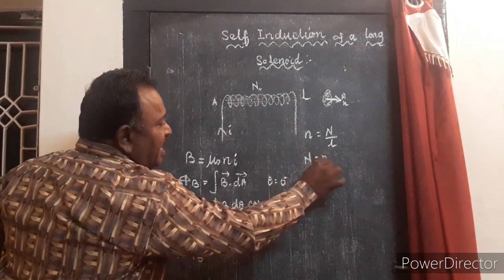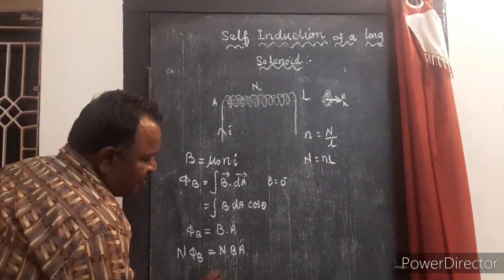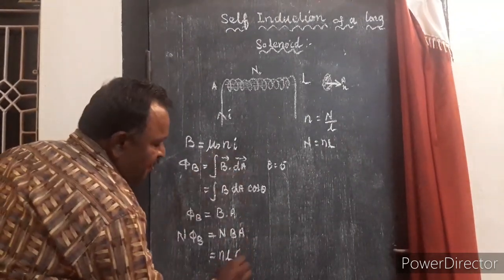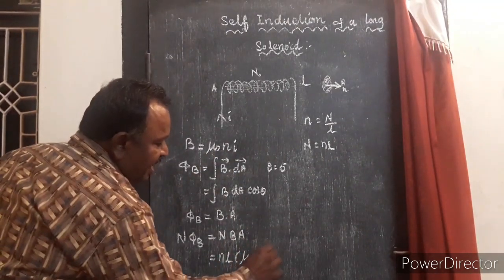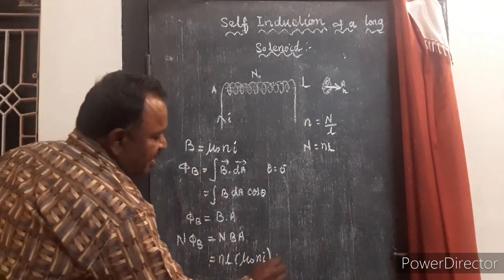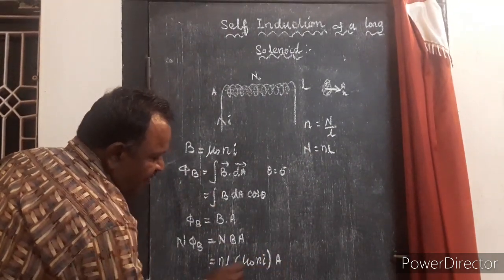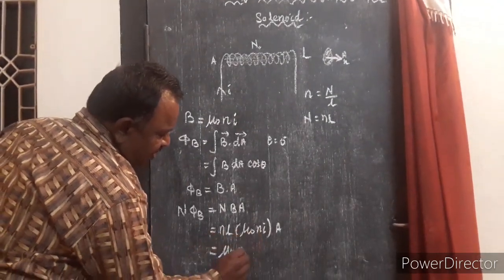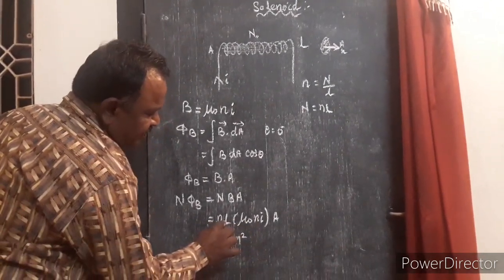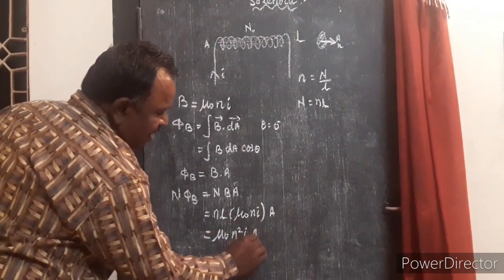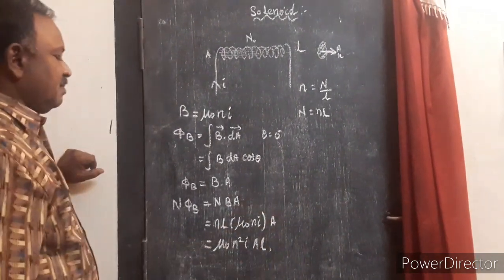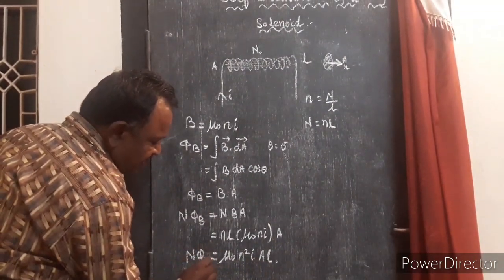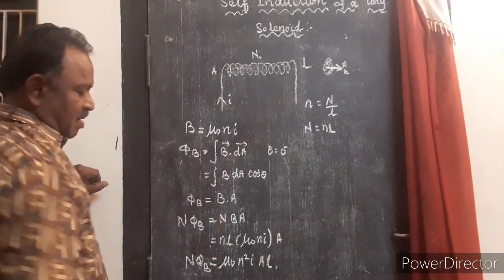Capital N is equal to n L. Substituting that value, we have n L, and B is mu naught n I, into A, the area. So we will have mu naught n into n, n square, I A into L. So this is the flux linkage with the solenoid.